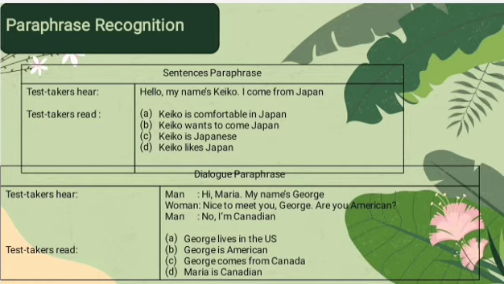Third, Keiko is Japanese. Fourth, Keiko likes Japan. In this example, the test taker should paraphrase what the sentence means. As I said before, the sentence says, "Hello, my name's Keiko. I come from Japan." So the test taker should analyze or paraphrase what the sentence means.